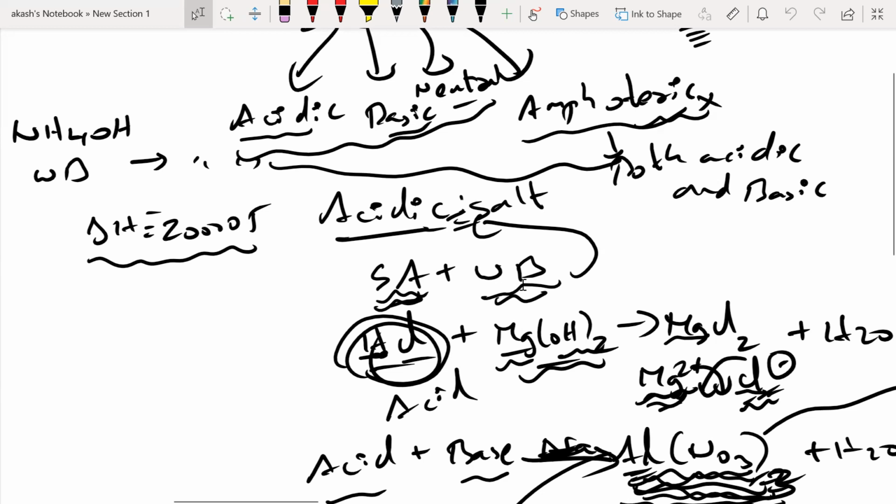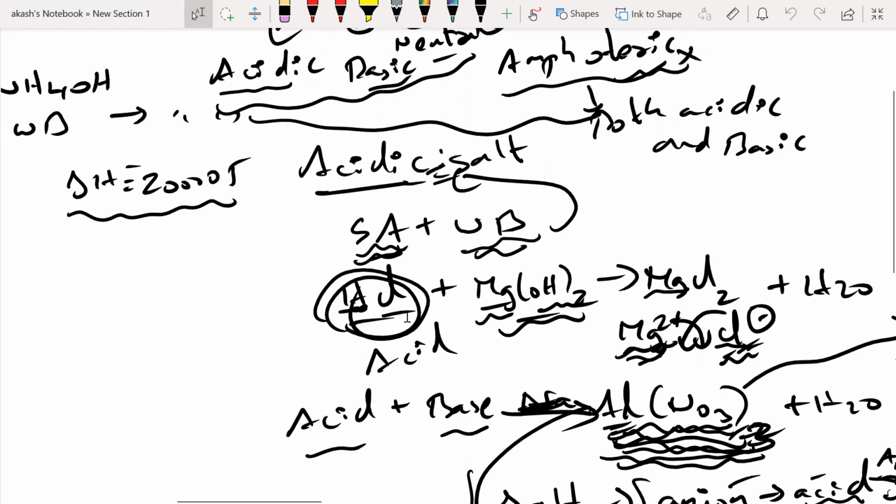If it's a strong acid and a weak base, the end result would be acidic because the acid is strong. For example, HCl is a strong acid, Mg(OH)2 is a weak base, so I'm going to form MgCl2, which is an acidic salt, and obviously a water molecule is liberated.